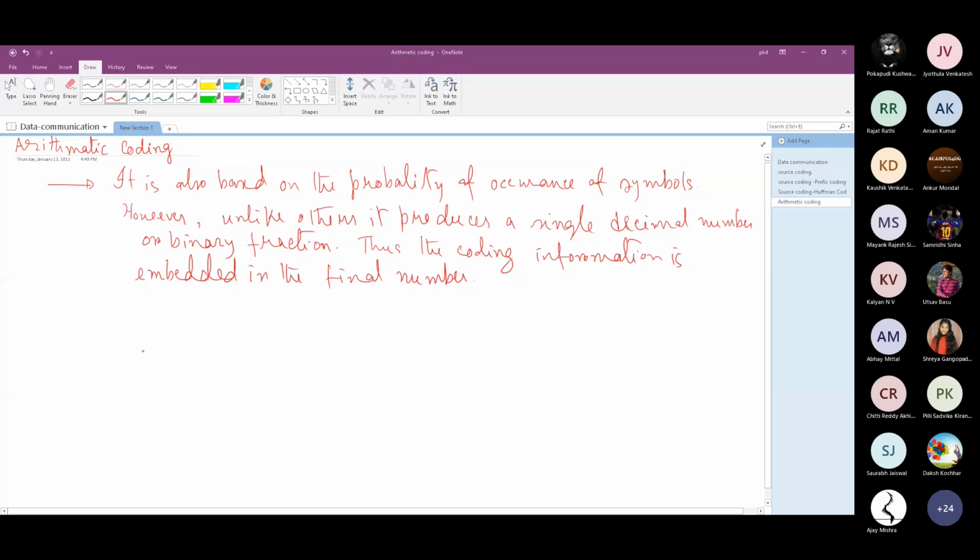Now let us take one example. Just like before, we will take a probability table. Let us take 4 symbols: A1, A2, A3, and A4.